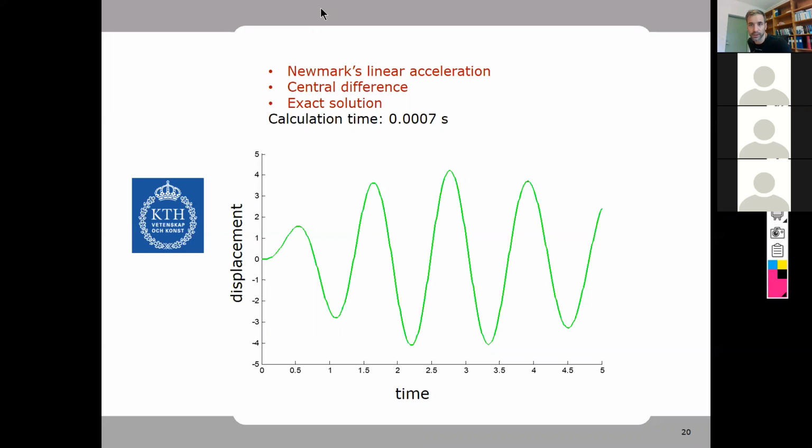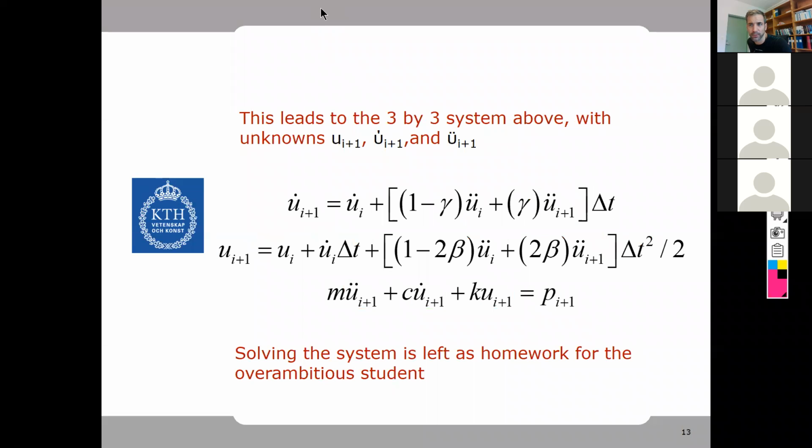Why? Because if we go back to this equation here, if I choose gamma to be half, then that results in the assumed acceleration A to be the average acceleration, the average between the previous point that I've calculated and the new point that I want to calculate. I assume the acceleration in between to be the average. And I'm assuming the same for this value of the acceleration and for this value of the acceleration, which is the most intuitive answer, right? It's the one that you would probably guess.